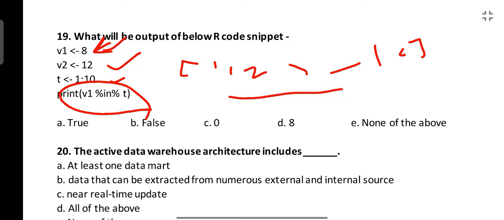Between 1 to 10, V1 is present, so the output will be true. So the correct answer is true. If the question was V2 %in% T, V2 is 12, then the answer would be false. But since V1 is present in T, the answer will be true.